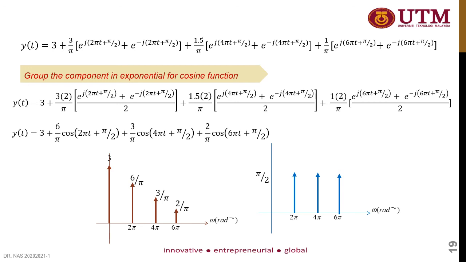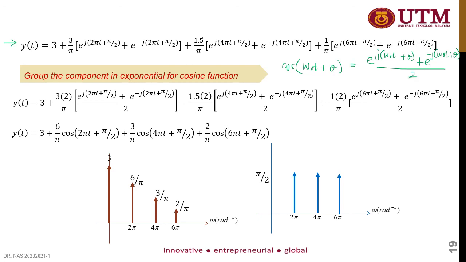From the previous slide, this is the complex exponential Fourier series. Then you can convert this exponential into sine or cosine function. Remember, cos(omega naught t plus theta) in exponential form is e^(j(omega naught t plus theta)) plus e^(minus j(omega naught t plus theta)), divided by 2.